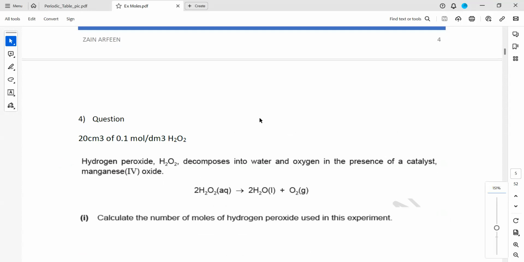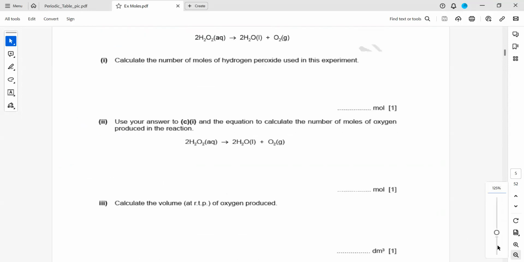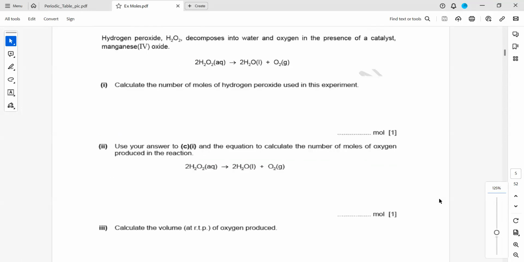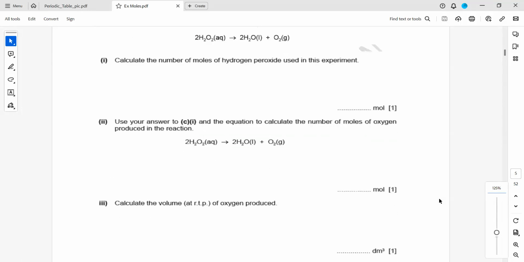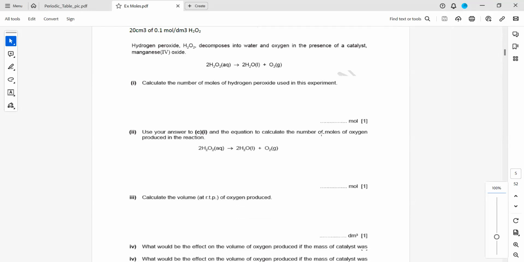Next question. So you always follow the steps. In the question, we have 20 cm cube of 0.1 mole per dm cube H2O2, which is hydrogen peroxide, and it decomposes into water and oxygen in the presence of a catalyst.